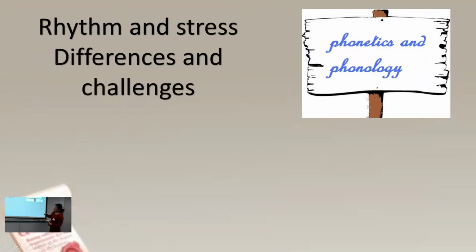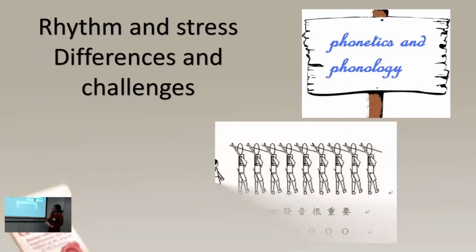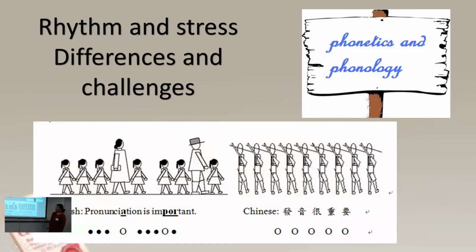Now let's look at what happens with rhythm and stress when we are speaking a whole speech. Pronunciation is important. See, in English, stress is how you time it. When you stress, the timing is longer. And when you don't stress, it's very short.